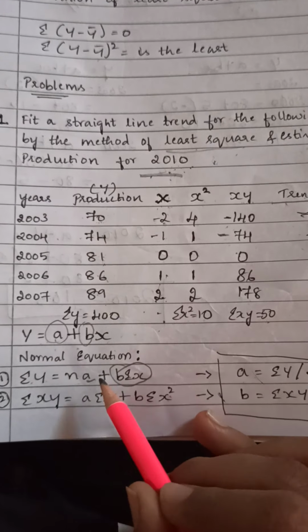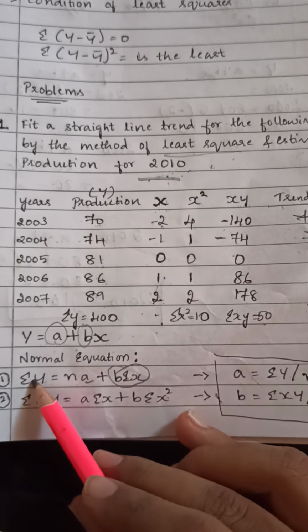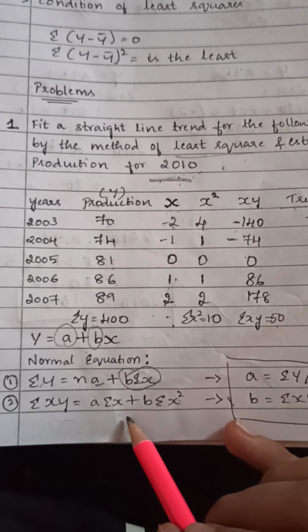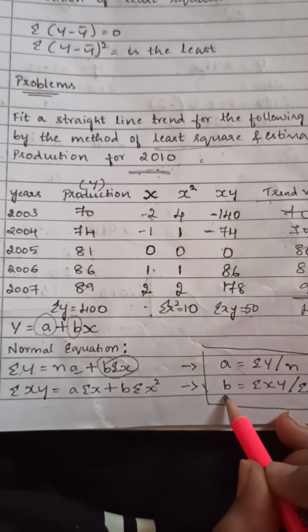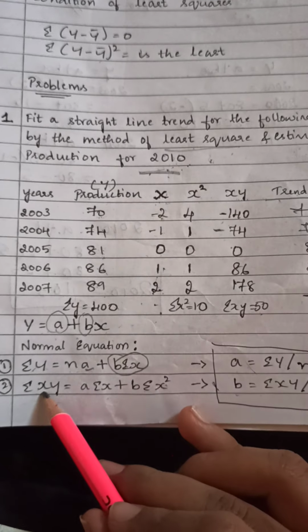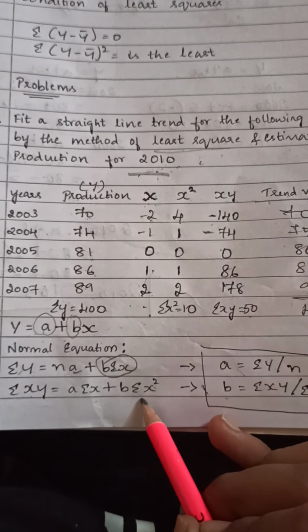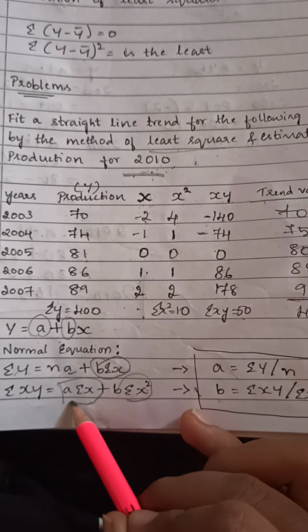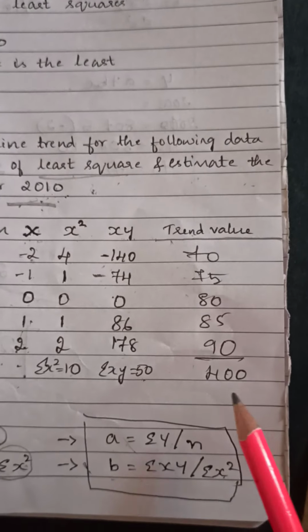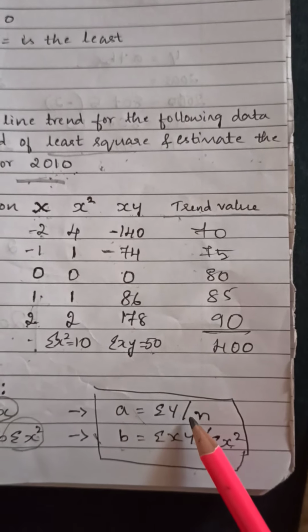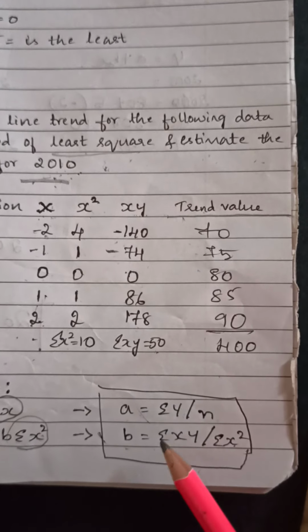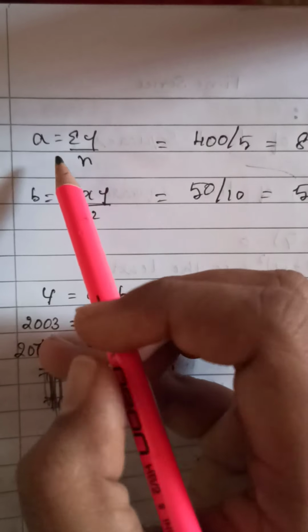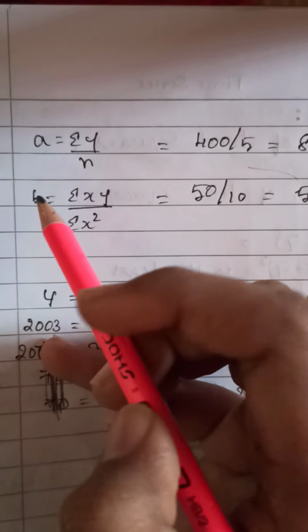From the second equation you can get b: b equals summation xy divided by summation x square, where you ignore the a term. So the formulas are a equals summation y divided by n, and b equals summation xy divided by summation x square.